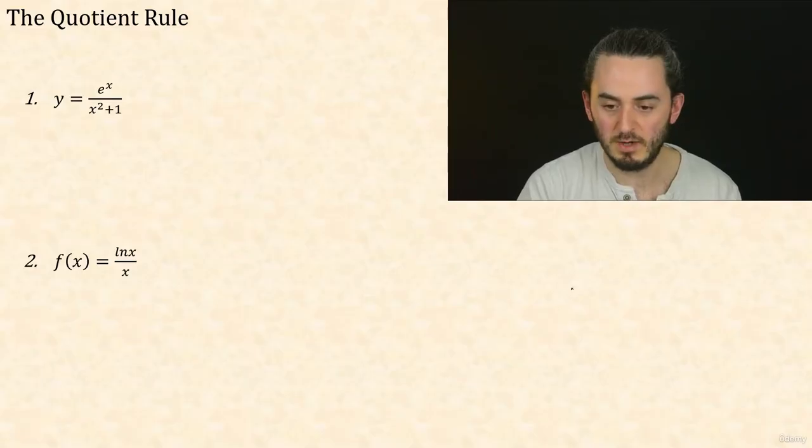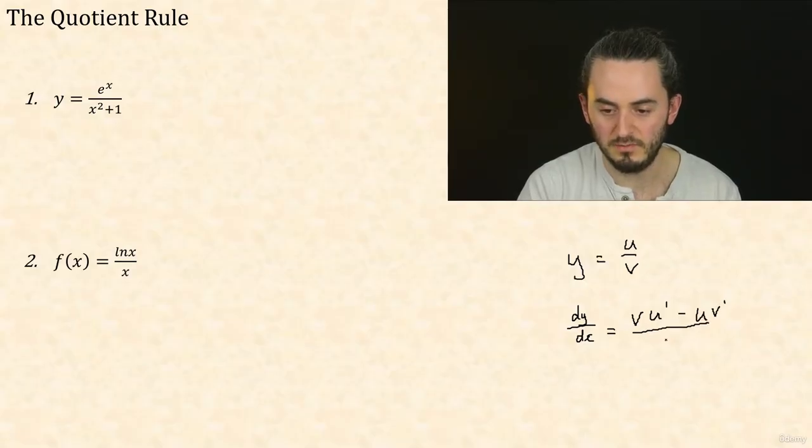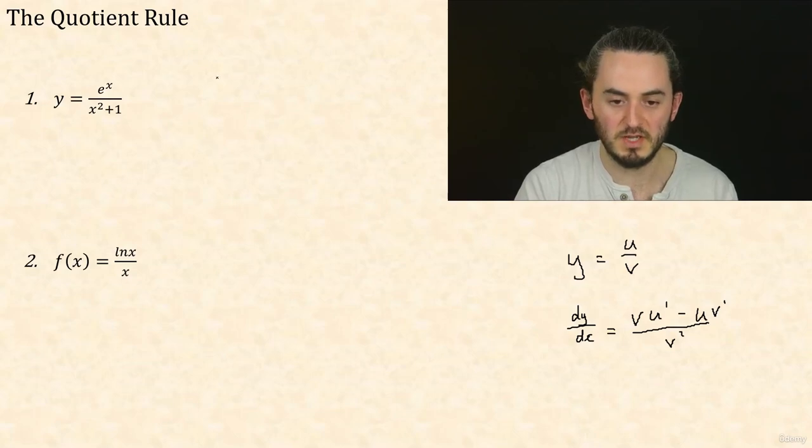So, reminder of what our rule is: if y is u divided by v, well, the derivative dy by dx is v u dash minus u v dash all over v squared. So it really can be useful to write your u's and your v's carefully to one side here.